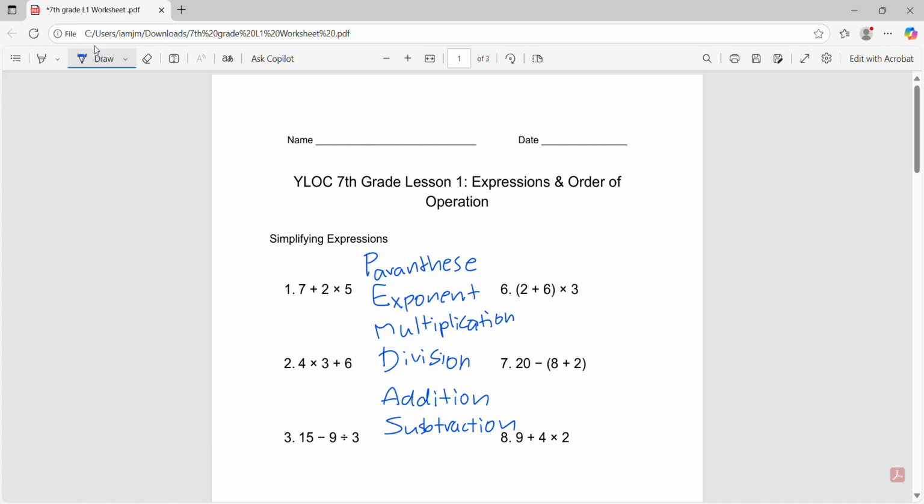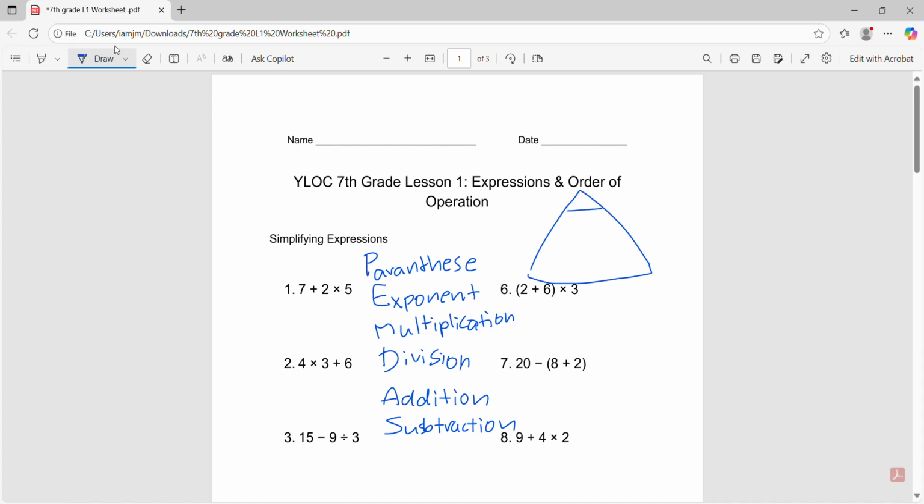So what is PEMDAS really, and why did I just tell you about this? Why does this matter? If you look at our title, order of operations, which is our main focus of this lesson, PEMDAS is showing you in which way we will start operating and solving our equations. You can think of this as a pyramid.